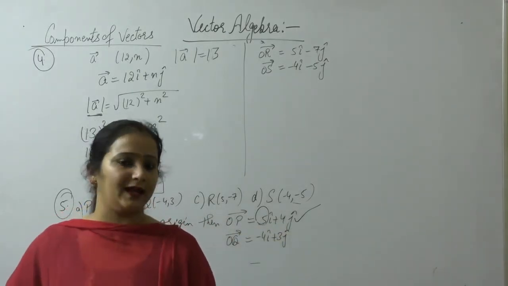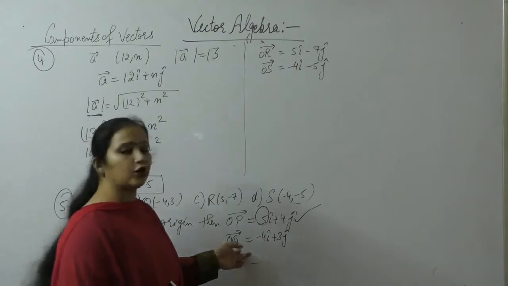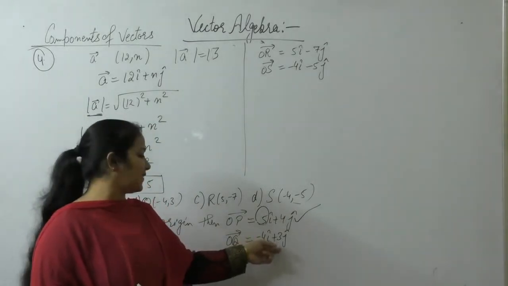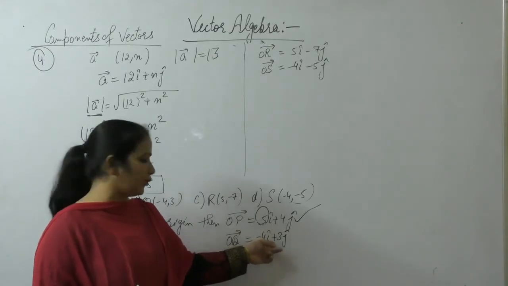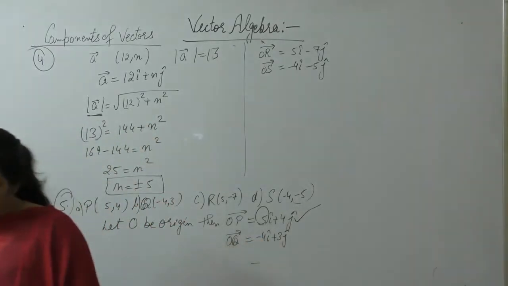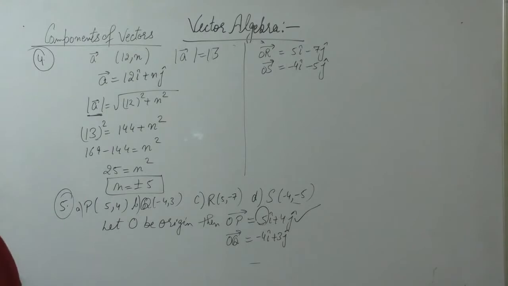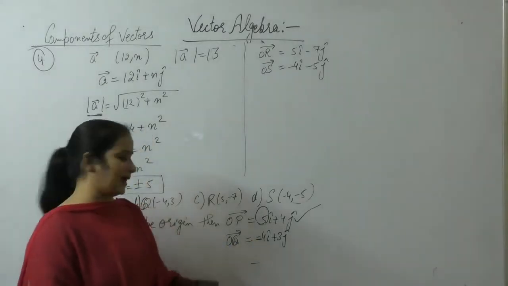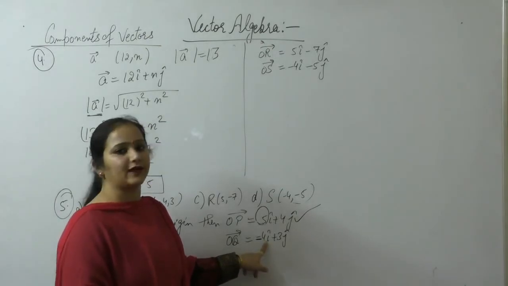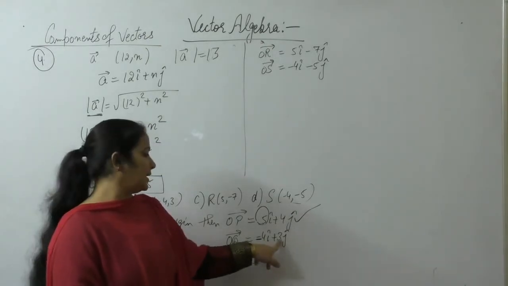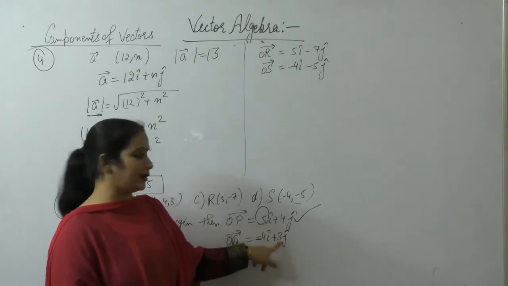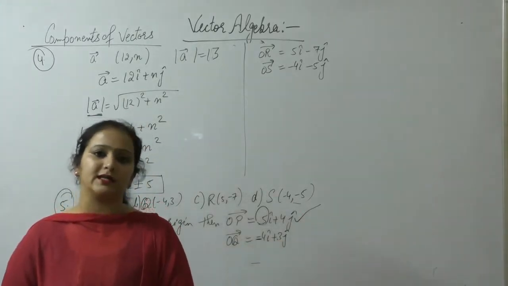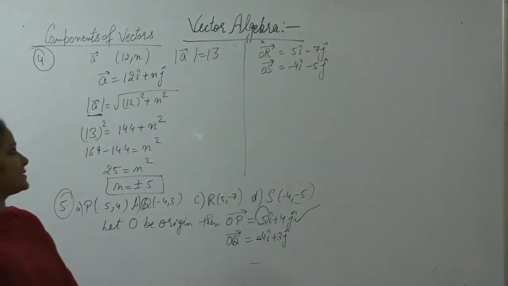the y component has value 4 in the positive direction of the y-axis. Similarly, for OQ vector, the vector along the x-axis has magnitude 4, and this sign shows the direction, it is along the negative direction of the x-axis, and the y component has magnitude 3 and direction along the positive direction of the y-axis.